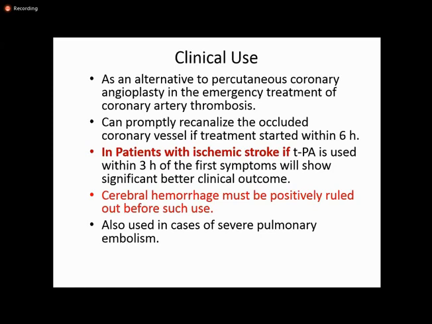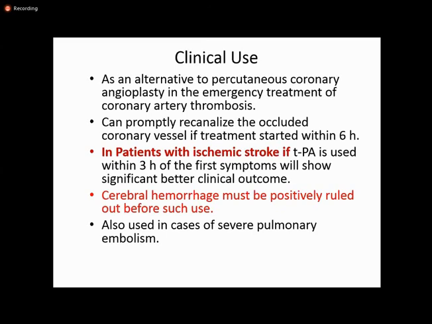We are talking about thrombolytic agent clinical use, right? So, as an alternative to percutaneous coronary angioplasty in the emergency treatment of coronary artery thrombosis, it can promptly recanalize the occluded coronary vessel if treatment is started within 6 hours. In patients with ischemic stroke, if tissue plasminogen activator is used within 3 hours of the first symptoms, it will show significantly better clinical outcome.